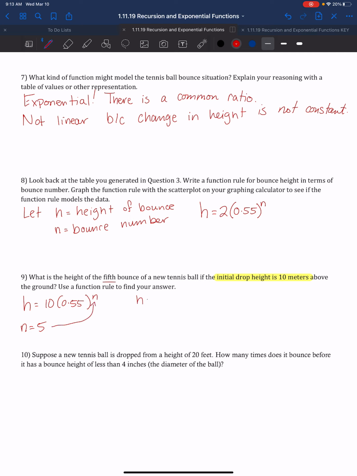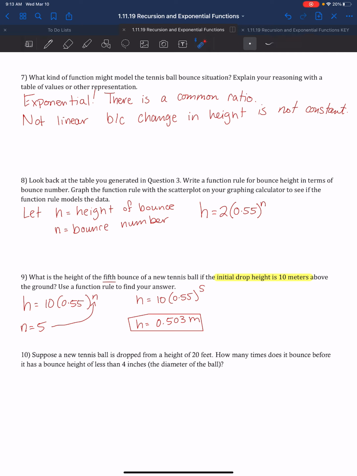So I'm going to have h is equal to 10 times 0.55 to the 5th power. And when we plug that in our calculator, we're going to get h is equal to 0.503 meters. So after 5 bounces, if you start at a height of 10 meters and it has a 55% rebound percentage, then you're going to end up with a ball height of 0.503 meters after 5 bounces.